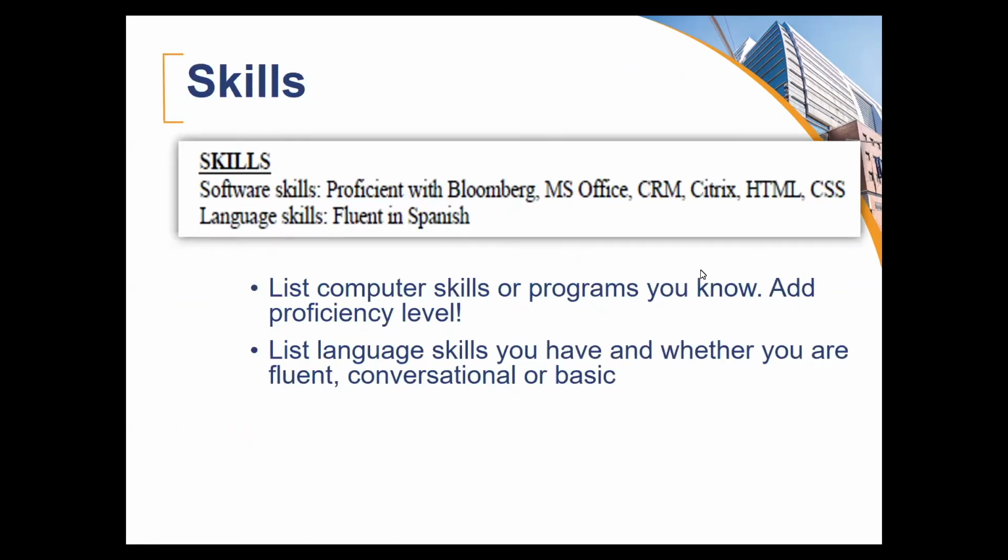Skill section, this is also something you want to include, especially for any of the software skills and languages, which I'm assuming all of you will have a variety of language ability and skill sets. Highlight them. List your level of proficiency in some of these programs. This is a good way to also go back to your job descriptions and look at what they are asking for, what employers are looking for you to do.